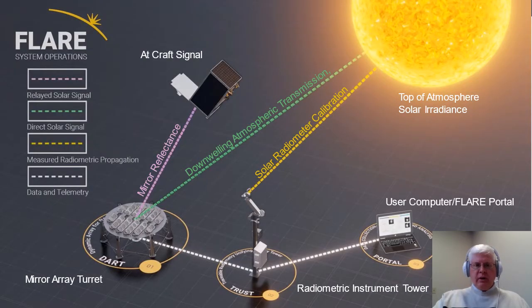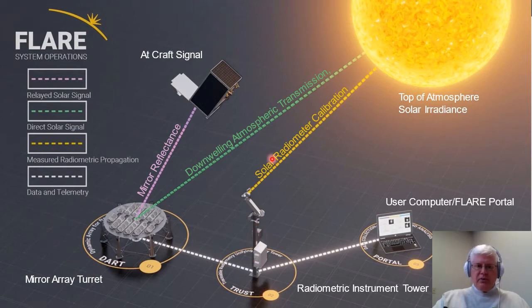This diagram shows how the SPARC system is actually activated and works during an overpass. The first set of information is that the user puts in their information about their satellite into our web portal. That information is relayed to our system, which resides on a radiometric tower, and then the system mirror turret activation is controlled through the radiometer exercise.